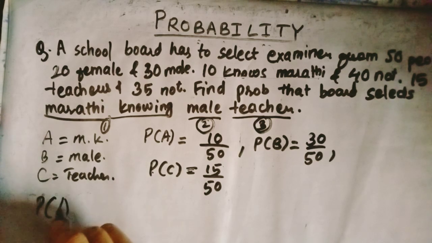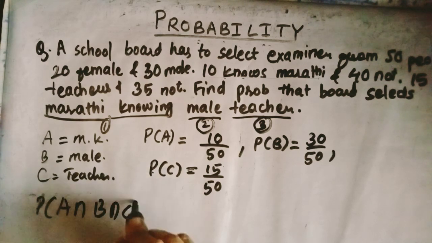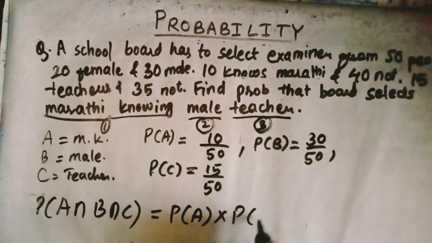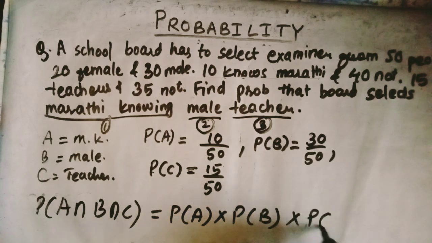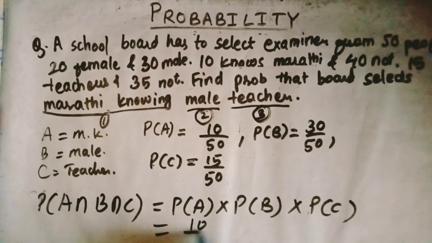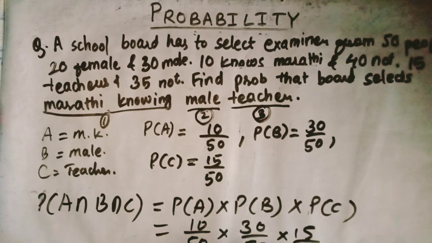So we can take all three, A intersection B intersection C. Independent means P of A into P of B into P of C. And we know P of A is 10 upon 50, P of B is 30 upon 50, and P of C is 15 upon 50.